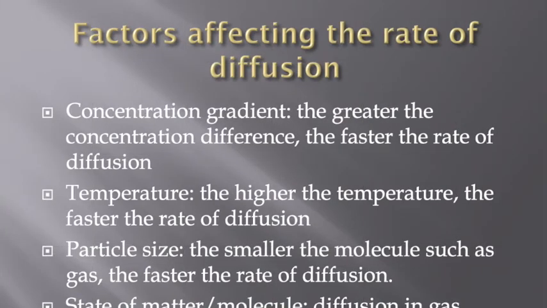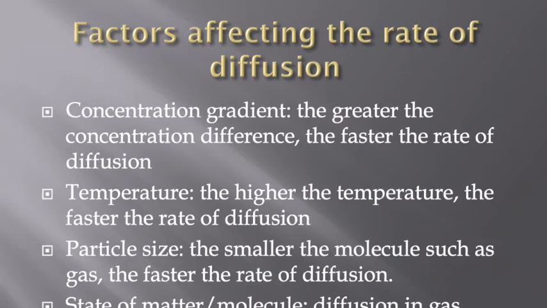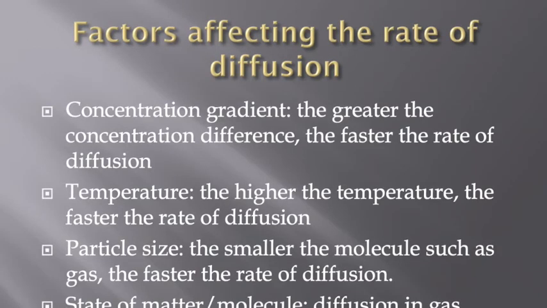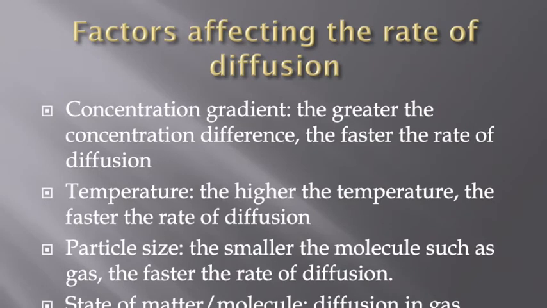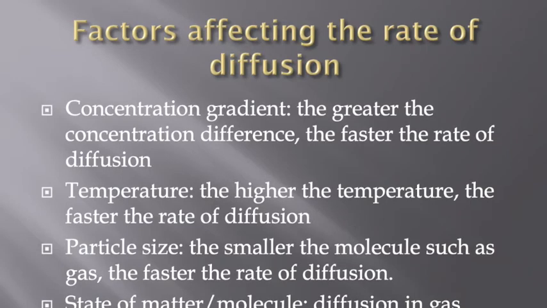At this stage, let us look at some of the factors affecting the rate of diffusion. The first factor is concentration gradient. Here, we must have a higher molecular concentration to a lower molecular concentration.